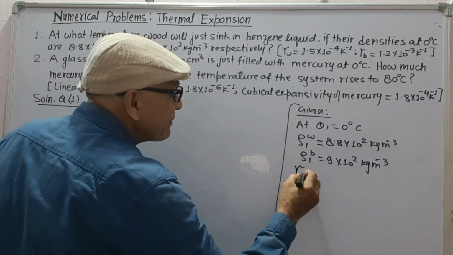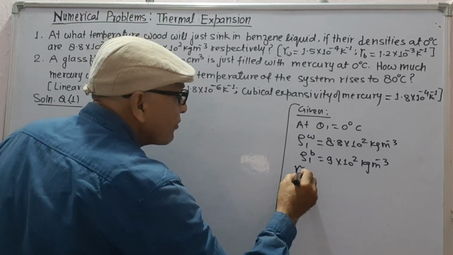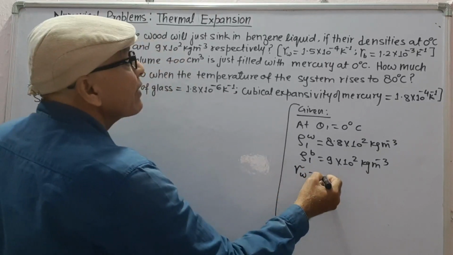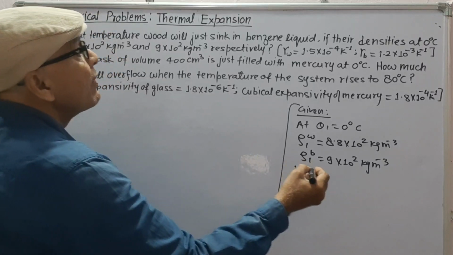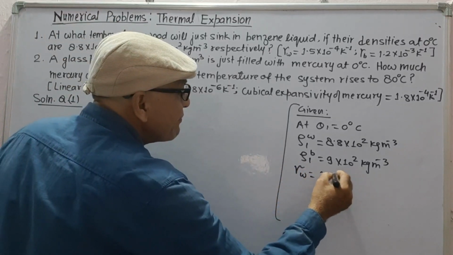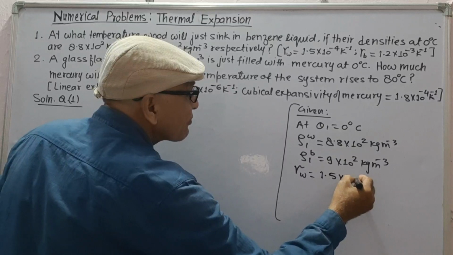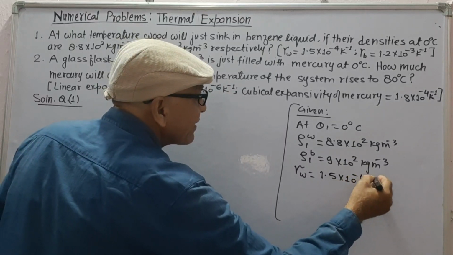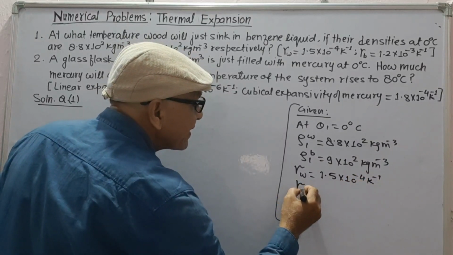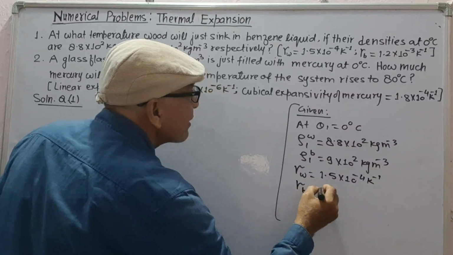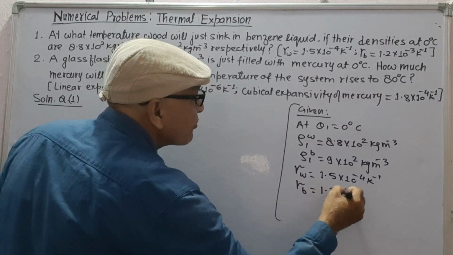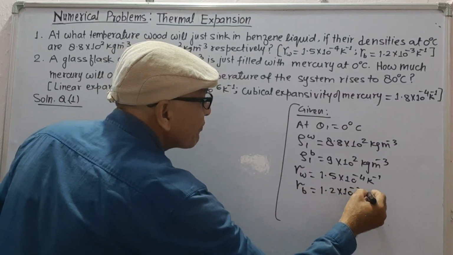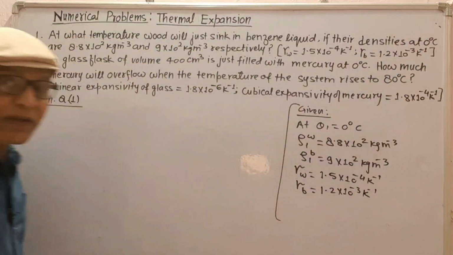Cubical expansivity of wood is 1.5 into 10 to minus 4 per Kelvin, and cubical expansivity of benzene is 1.2 into 10 to minus 3 per Kelvin.